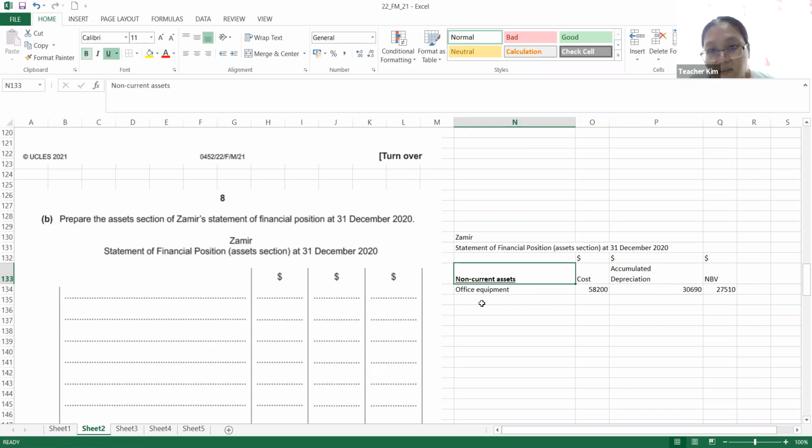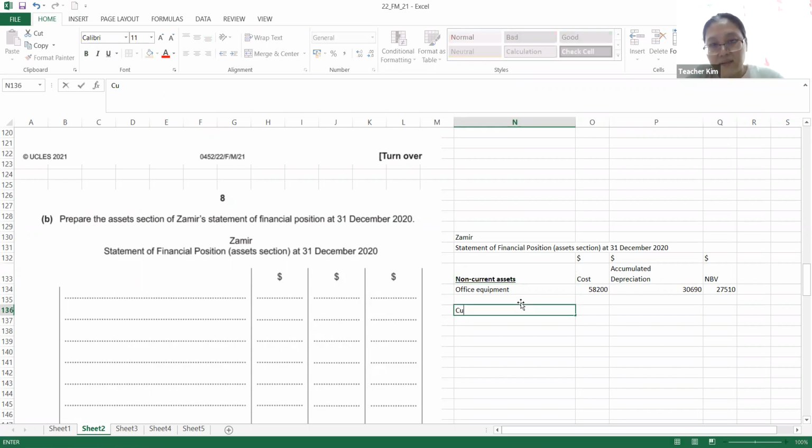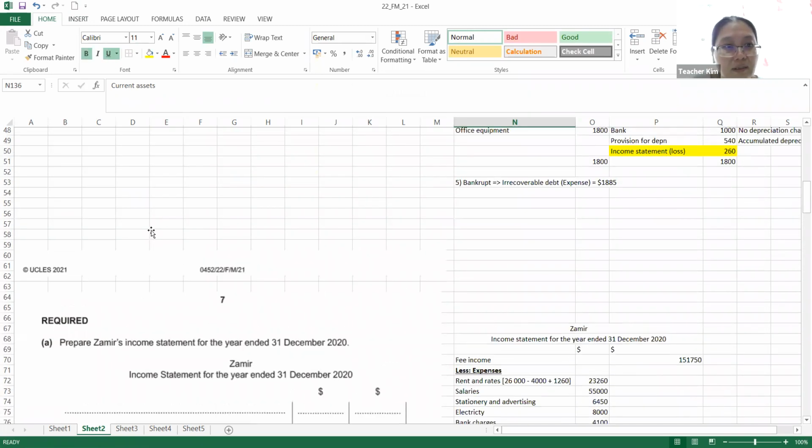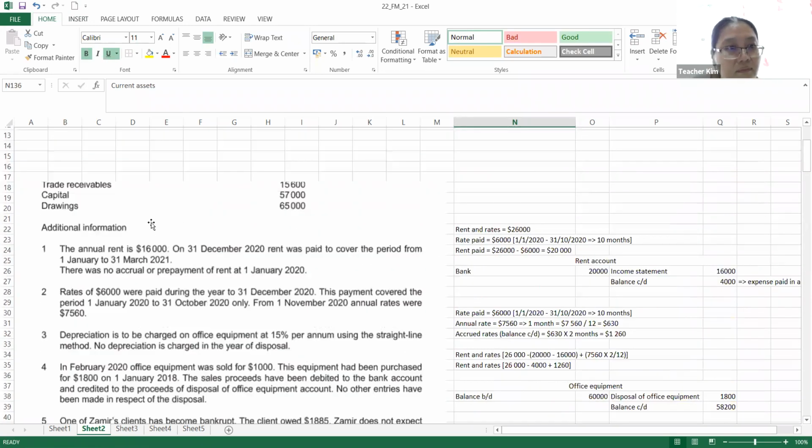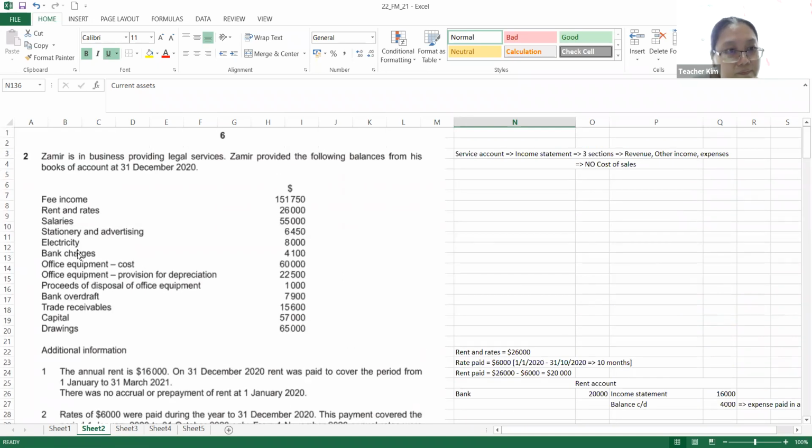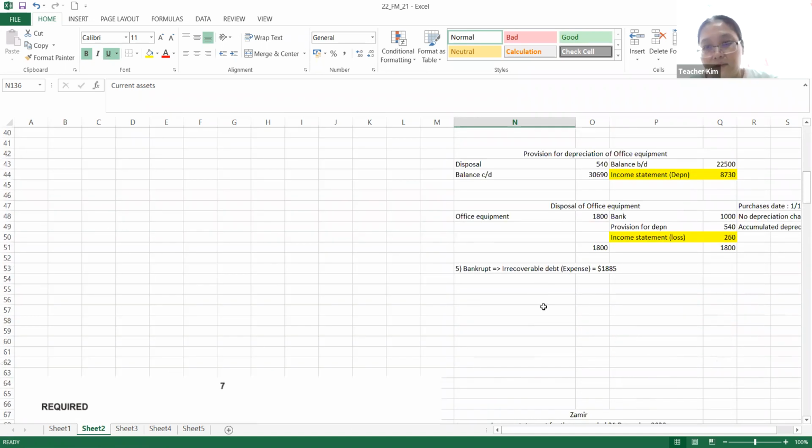So the next section that we got to prepare, current asset. So what are the items that in the current asset that we have? We need to see the information here. Okay, trade receivable.